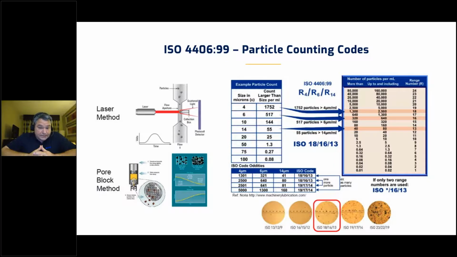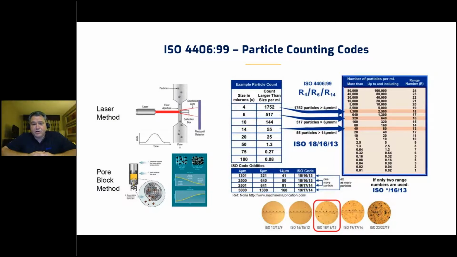Visual is one way to do it. The bottom of this slide is showing you under magnification what various samples may look like, progressing from good to bad to worse. Under magnification, we can make a comparison visually. Now, how do we quantify that?